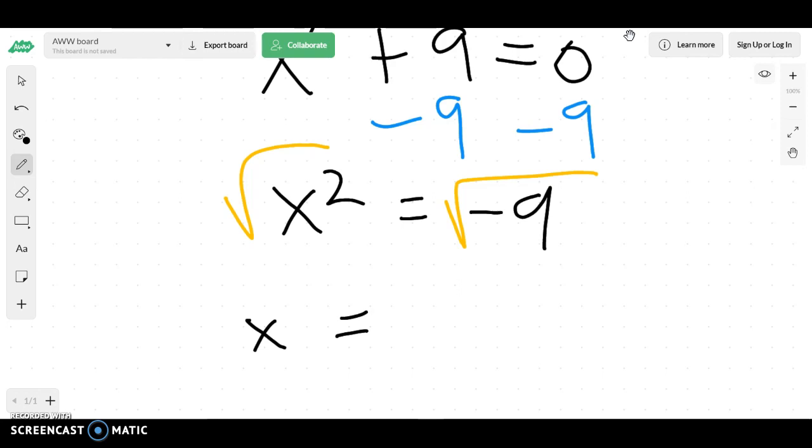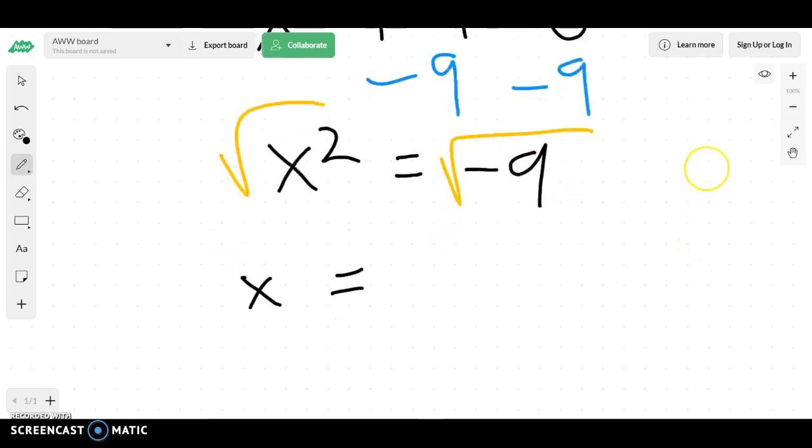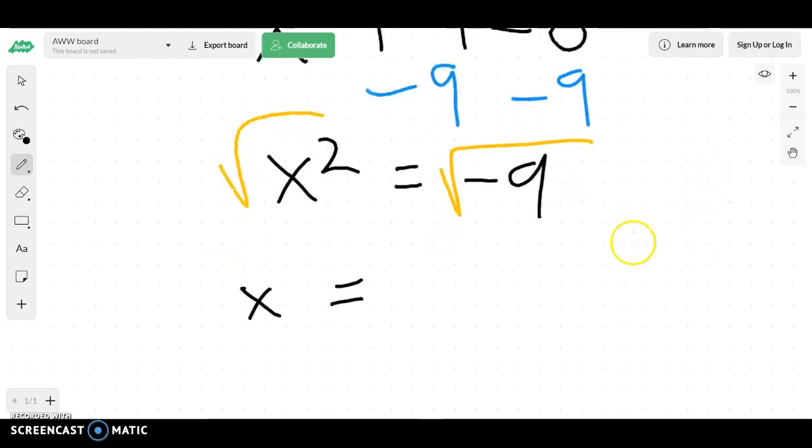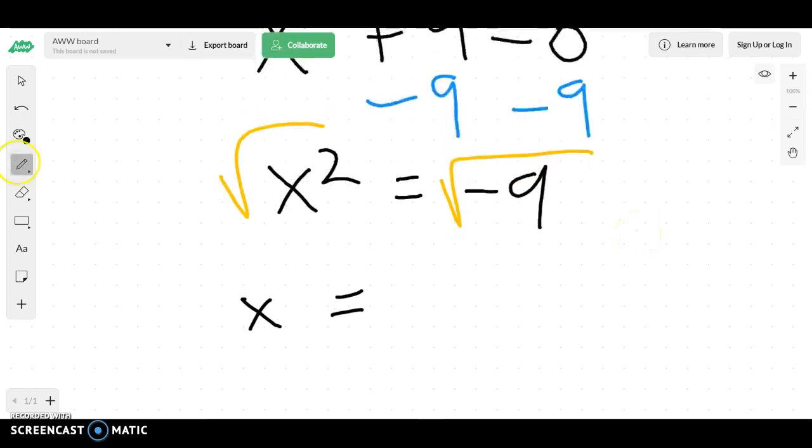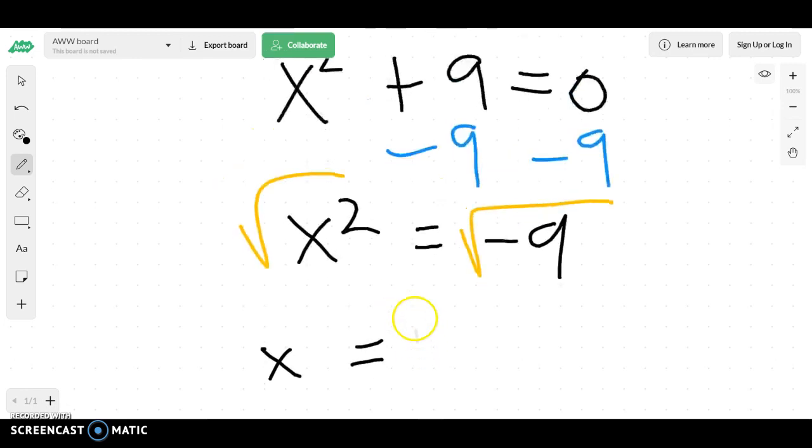So last year, in your Algebra 1 year, you were told to say that's no solution. That's not entirely true. It just has no real solution. So what we're saying with that is there's no real solution for this thing, but there are what we call imaginary solutions. So this is kind of how it works.